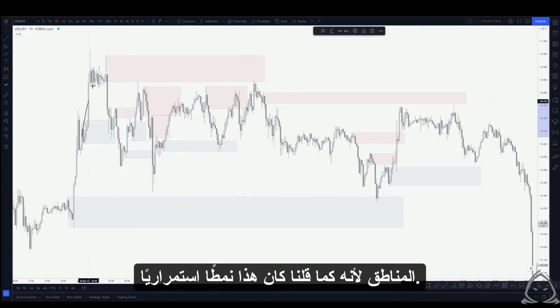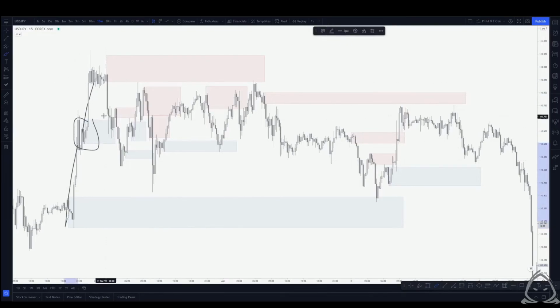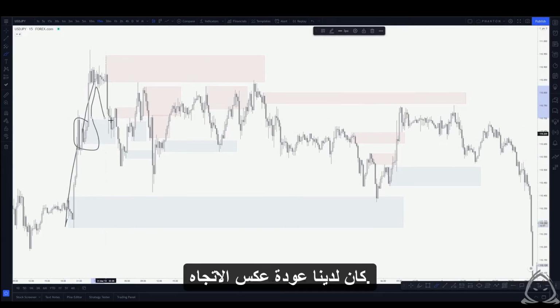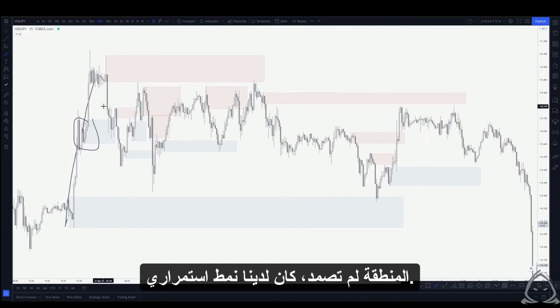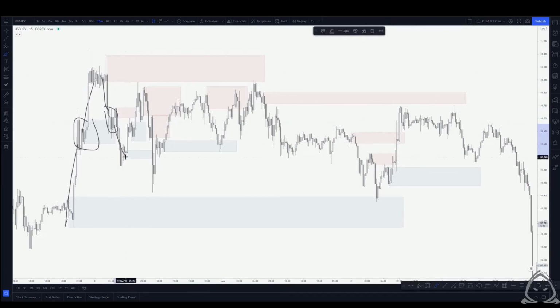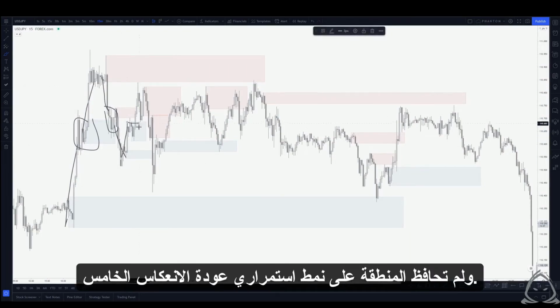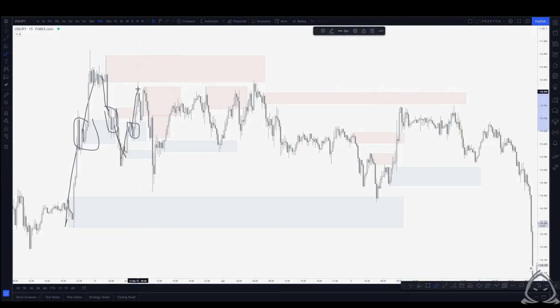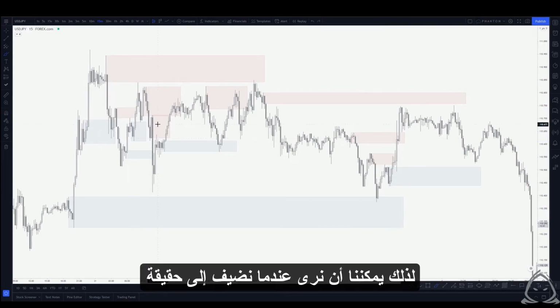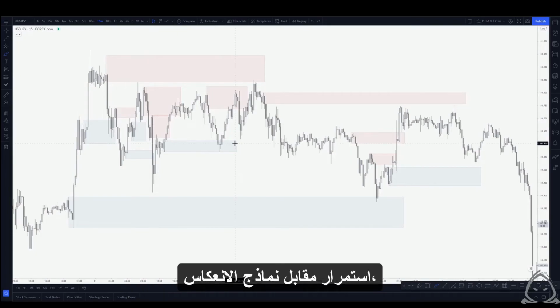Because like we said, this was a continuation pattern. We had a V reversal return. The zone didn't hold. We had a continuation pattern, a V reversal return, and the zone didn't hold again. Continuation pattern, V reversal return. The zone didn't hold.